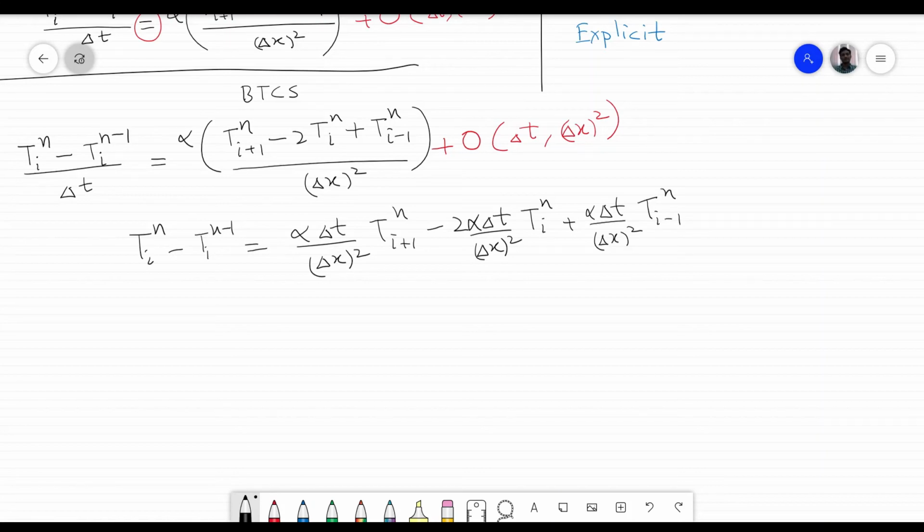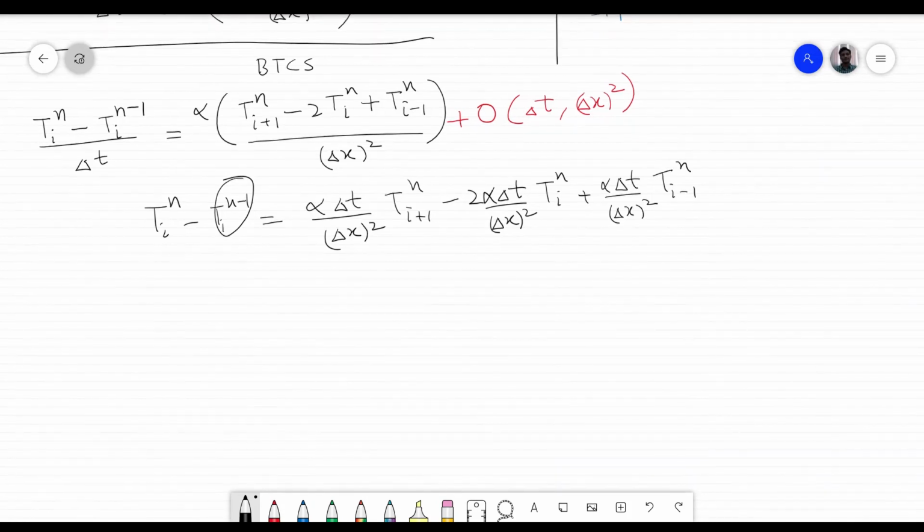You cannot get T i n or T i minus 1 n or T i plus 1 n directly from here because you don't know temperatures at nth time step here. You know at the previous time step n minus 1, but you don't know the other values.